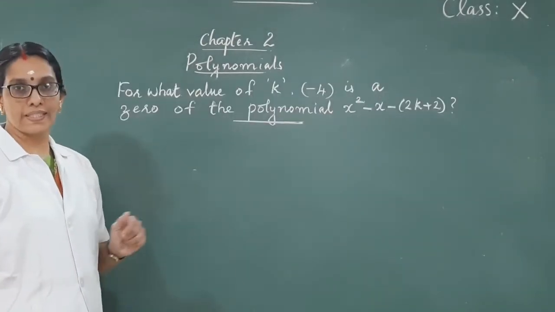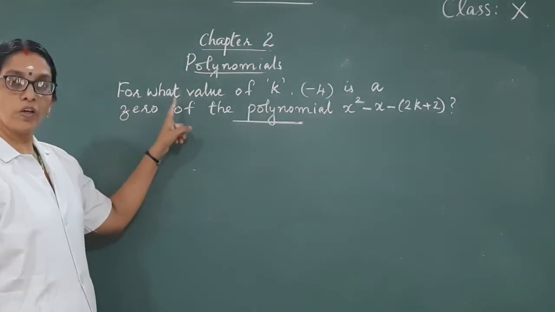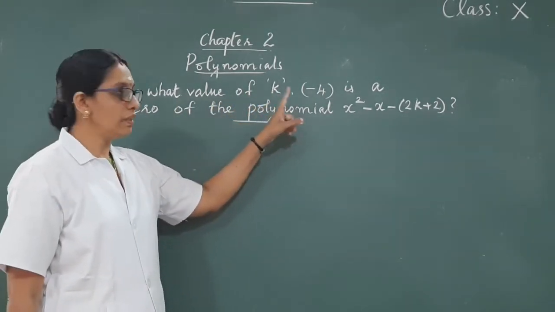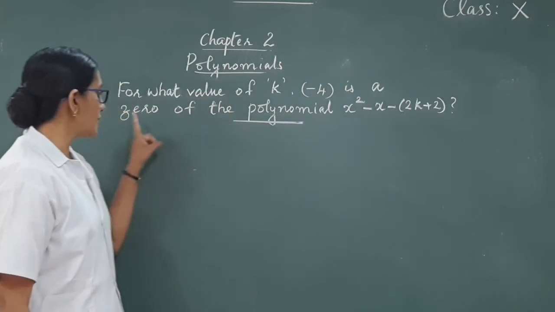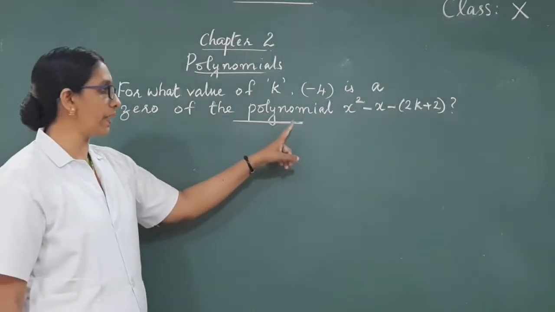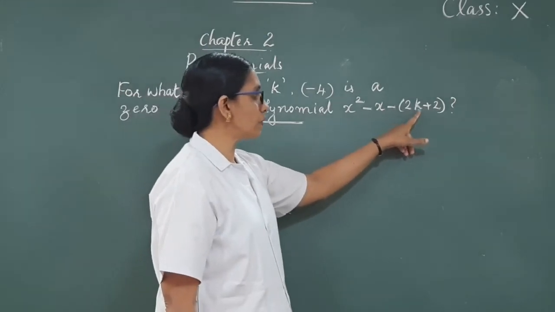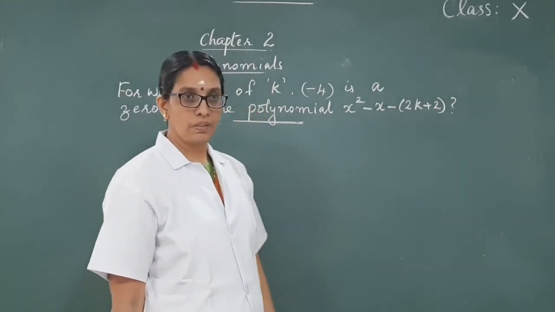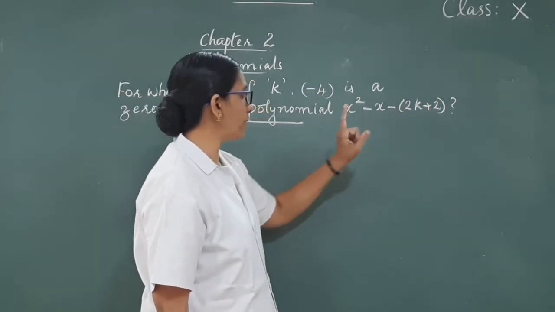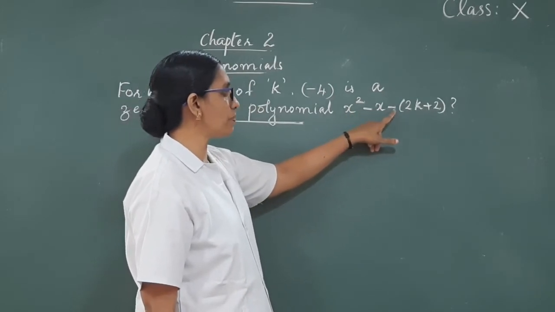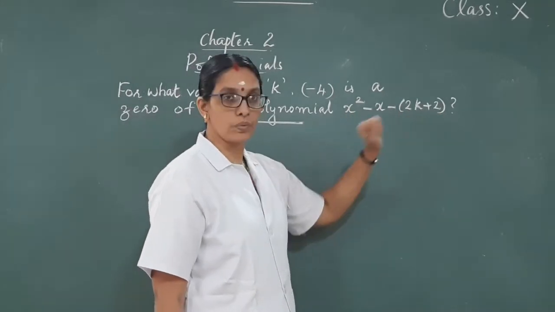Now one more question. For what value of k is minus 4 a zero of the polynomial x square minus x minus 2k plus 2? So here we have the polynomial x square minus x minus 2k plus 2.